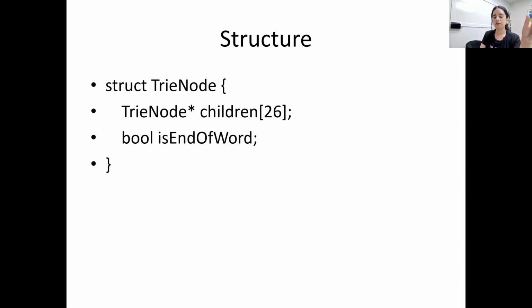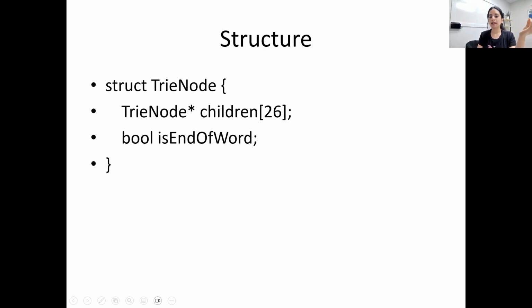So the structure of a trie is basically represented by these two values that I talked about. Again, every single node has an array of pointers or whatever value that you put here. And then we also have a Boolean value that's associated. Now, this Boolean value is very important because it represents the end of the word.